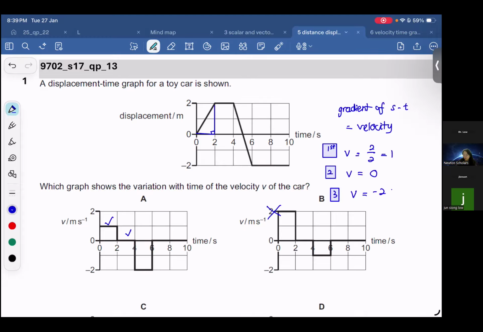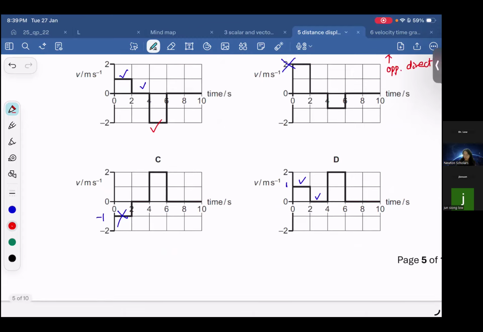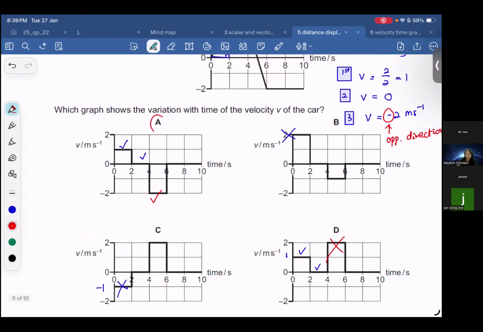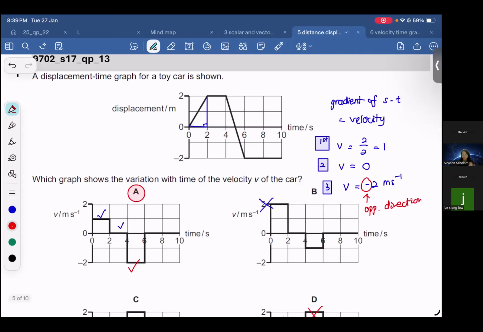Okay, -2 meter per second. Negative meaning that you are moving in the opposite direction. Okay, so -2, this one is correct. Here is wrong. So your answer should be A. Okay, is that clear?